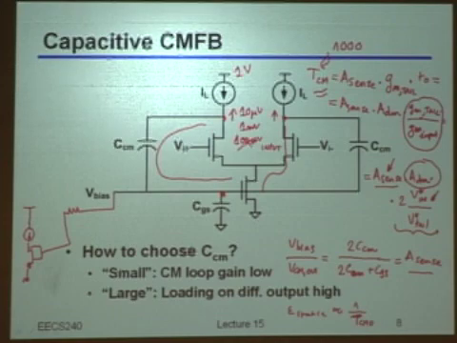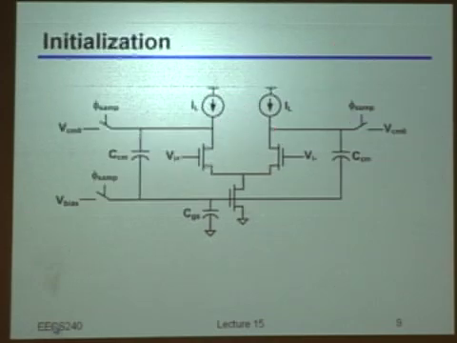But the point is, at the really beginning, nobody decided what the V out common mode should have been, right? And so the idea is, normally, capacitive feedback configurations can only track variations in capacitances in a common mode, right? So the initialization problem is still there, and we should go and look at that.